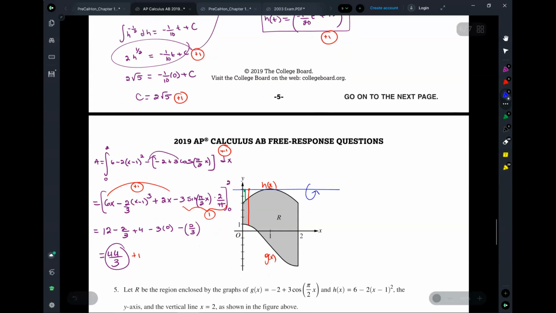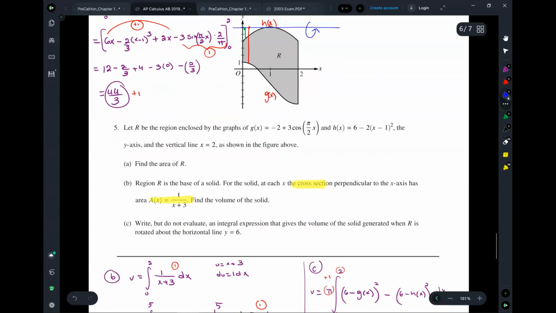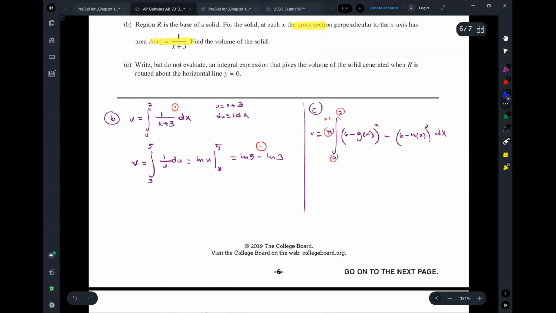You get 1 point for the form of the integrand, and 1 point for the actual integrand. So they'll give you 1 point for having top minus bottom, squared, and then 1 point for having the functions in the right place.